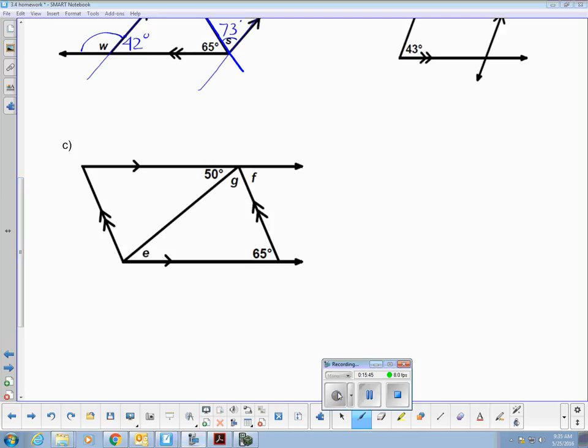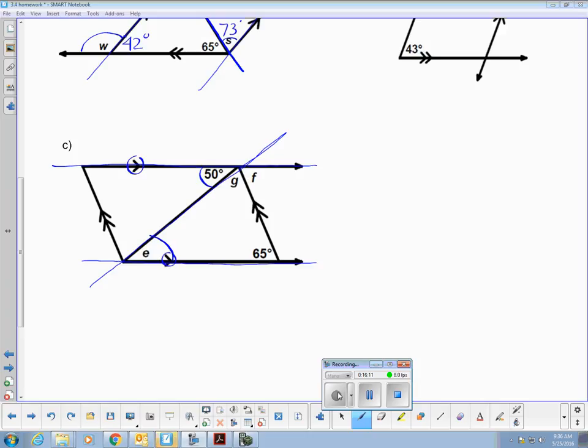In problem C, the angle that's 50 degrees is alternate interior to angle E. And we know that because we have a pair of parallel lines. We know that they're parallel because of these little marks right here. We have a pair of parallel lines cut by a transversal.